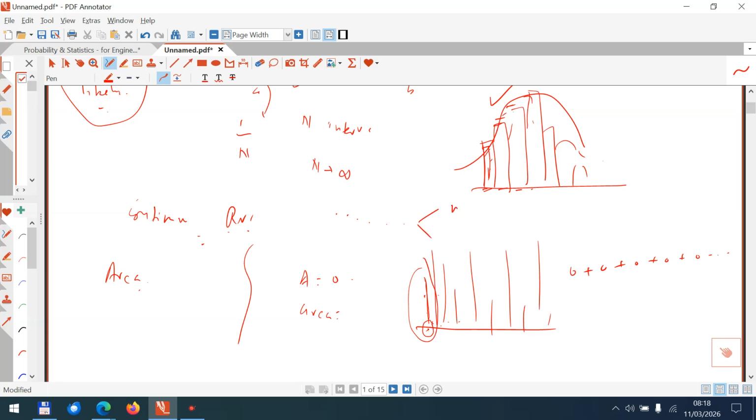If you add non-zeros an infinite number of times, there is no guarantee that you will get a one. It can even go out of bound. But if you are adding zeros, you will get zero, and probability requires a non-zero value for the total. So the best method is to deal with intervals.